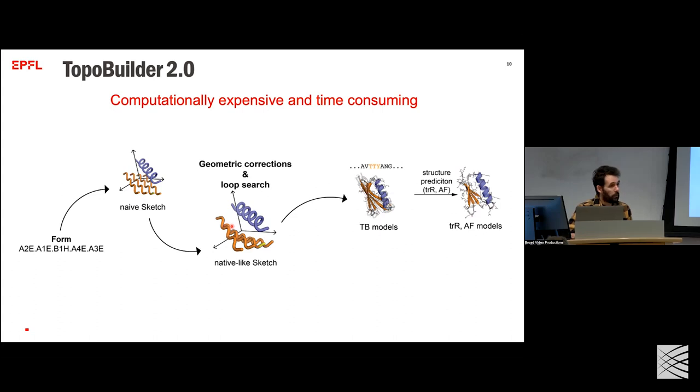By dividing this structure into subsegments, we could derive parameters to do refinements of the structure, so that it would become a more native-like structure. Ultimately, we started using different types of tools to validate our design. And in this case, you start seeing that trRosetta and AlphaFold models start coming in.